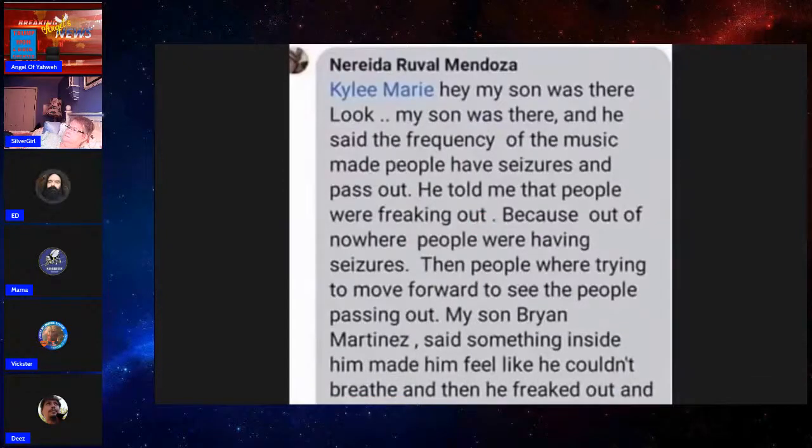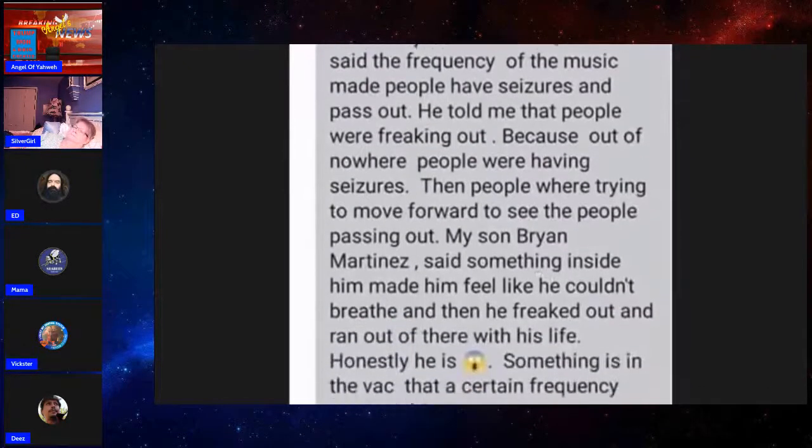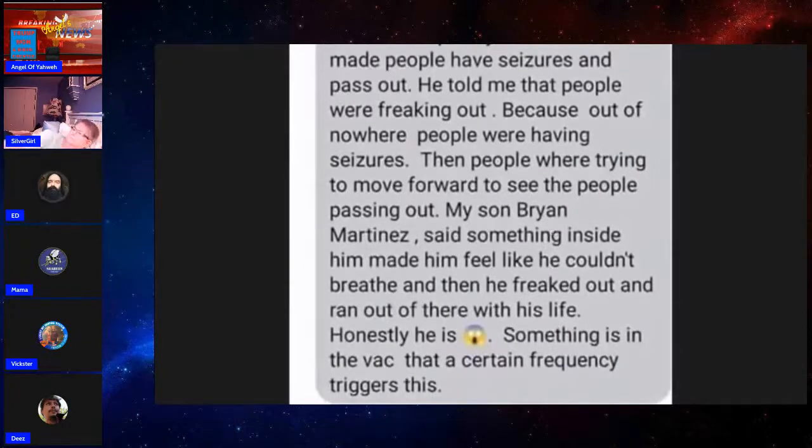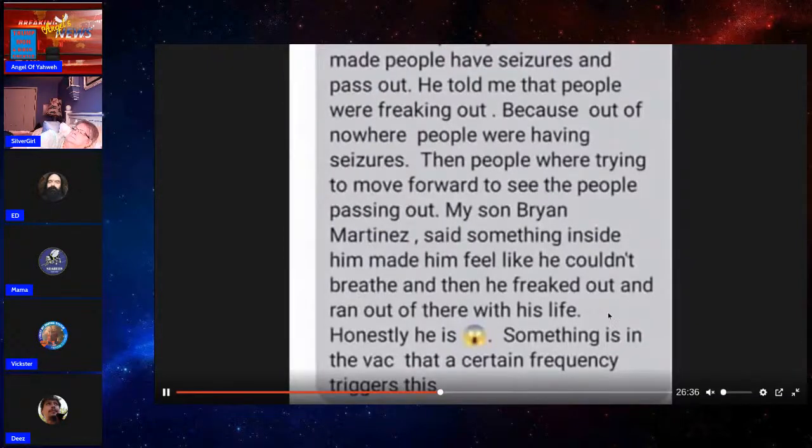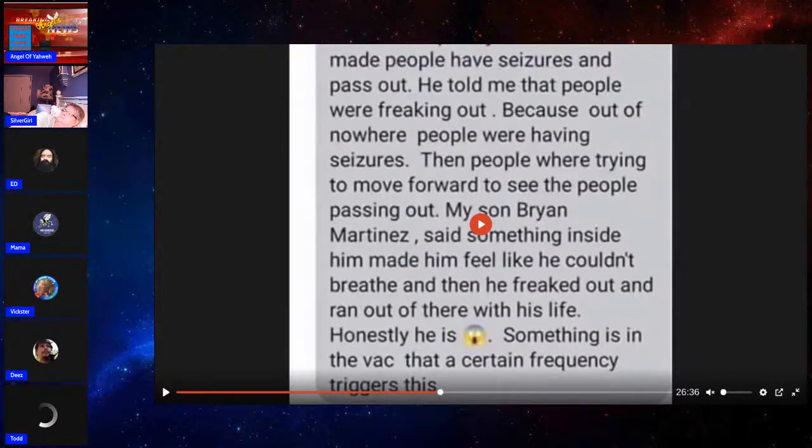So what happens is at a certain frequency, for the ones that have had that jab, it prevents your blood cells from transferring the oxygen, and you actually feel like you're suffocating. And it said that he freaked out and ran out of there with his life. Honestly, he is scared to death. Something in the back, a certain frequency, triggers this.